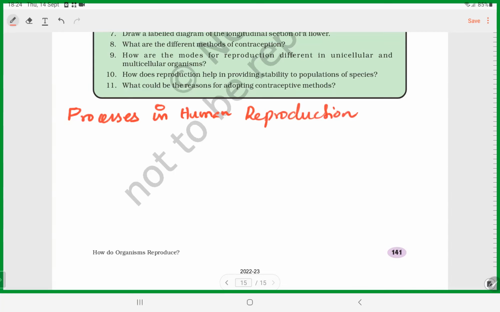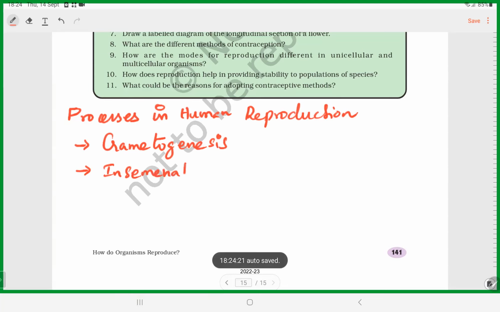Just the processes alone, Kaushik. First one, what is it? Gametogenesis. Second one, insemination, by coitus.